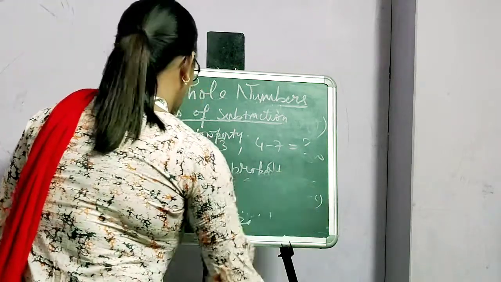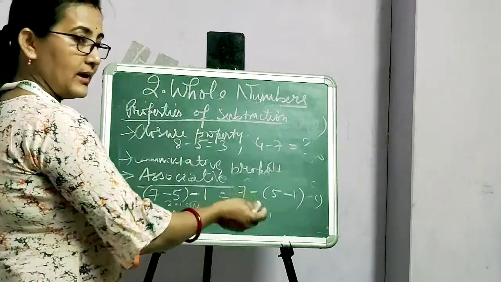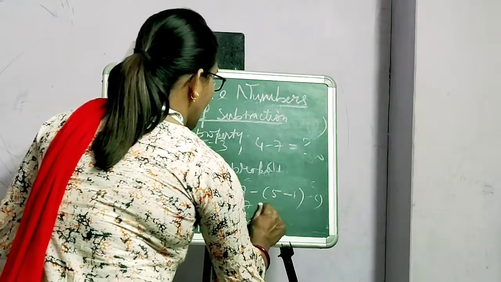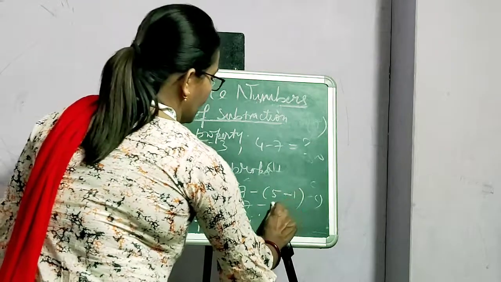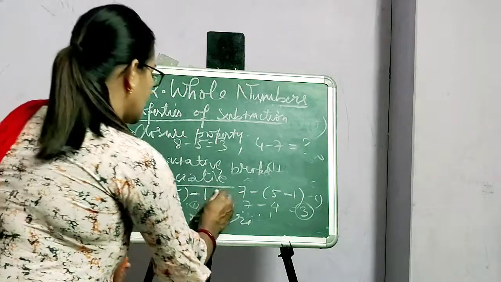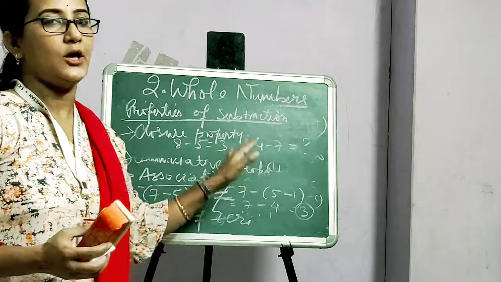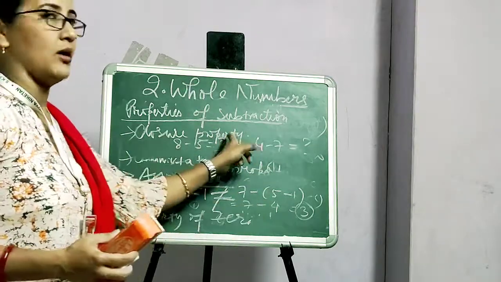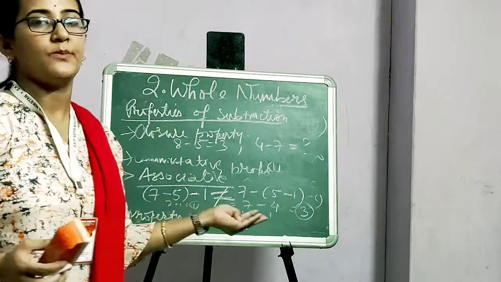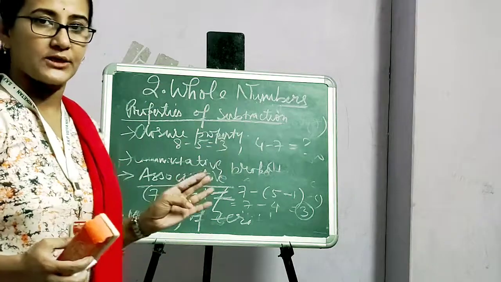Now 7 minus (5 minus 1): 5 minus 1 is 4, so 7 minus 4, the answer will be 3. Isn't it? So here also we can see they are not equal. Associative property does not hold in case of subtraction. So closure property, commutative property, associative property, all these three properties do not hold in case of subtraction.